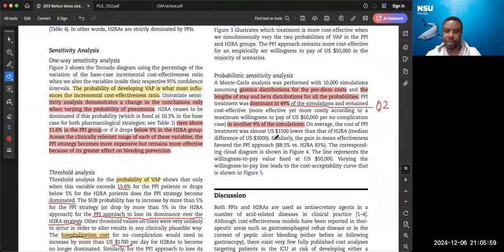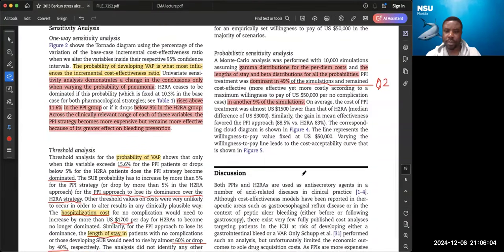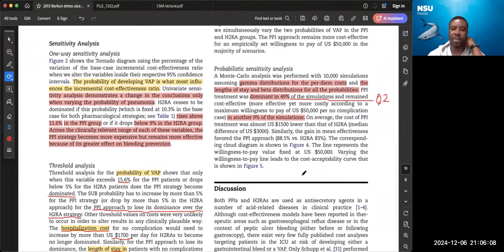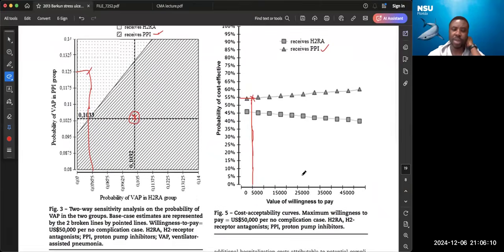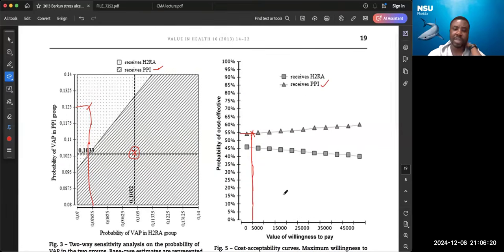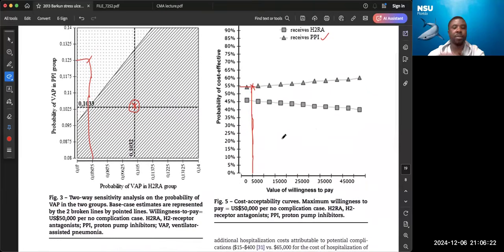And yes, this is everything about the method, the table. So remember that this is two-way sensitivity analysis. It is two-way because we varied two variables here and there. This is a multi-way sensitivity analysis. We do this for willingness to pay, that is cost acceptability curves.